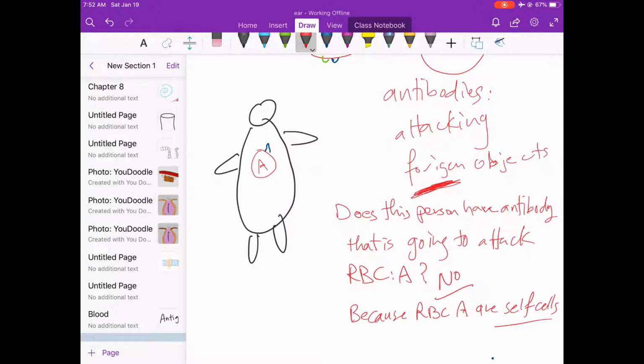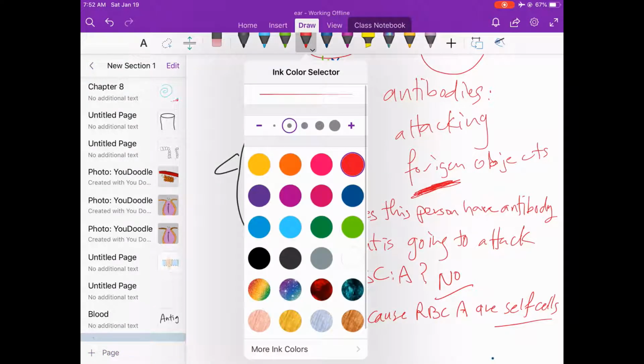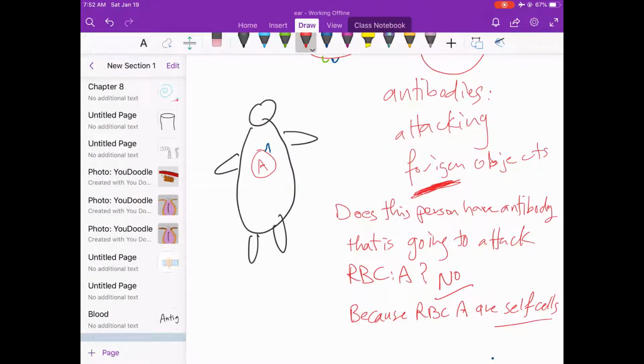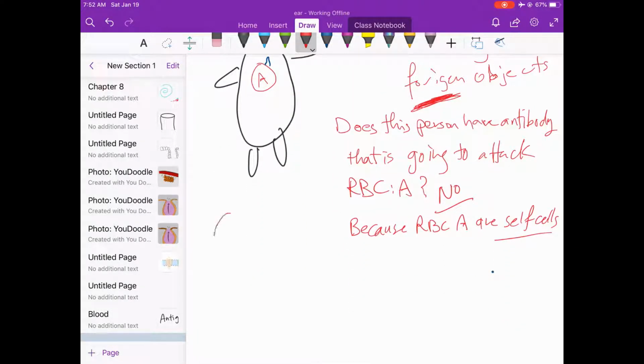Okay, now what is the other red blood cell type? We said we have the red blood cell B. The red blood cell B, they have this circular antigen. Now, do you think a red blood cell B here is a self? So this is B. So the question is, this is 1. 2.